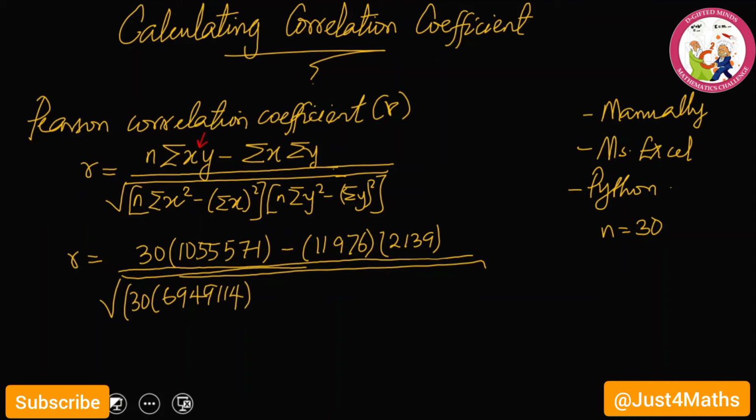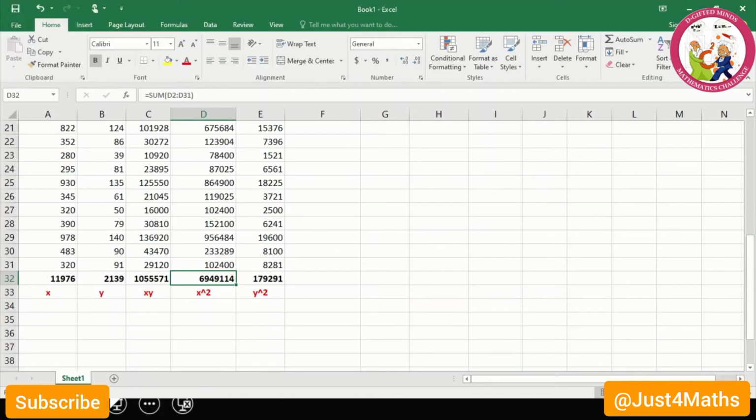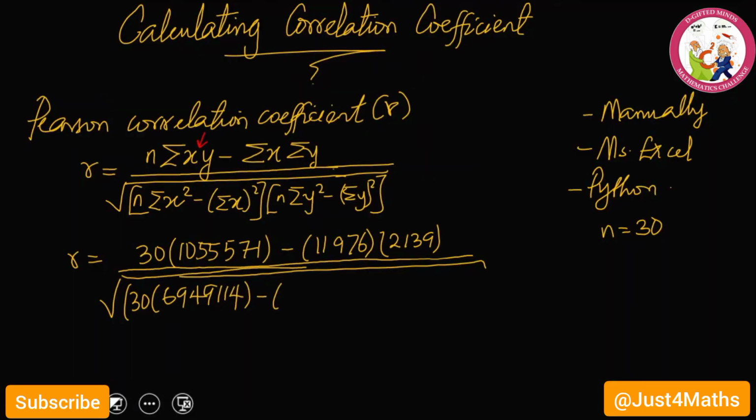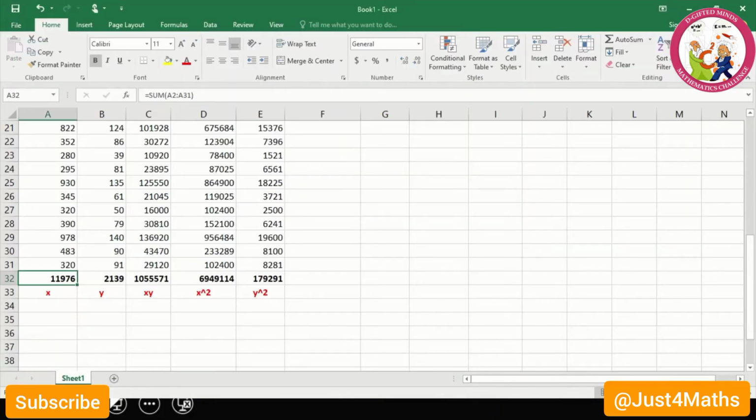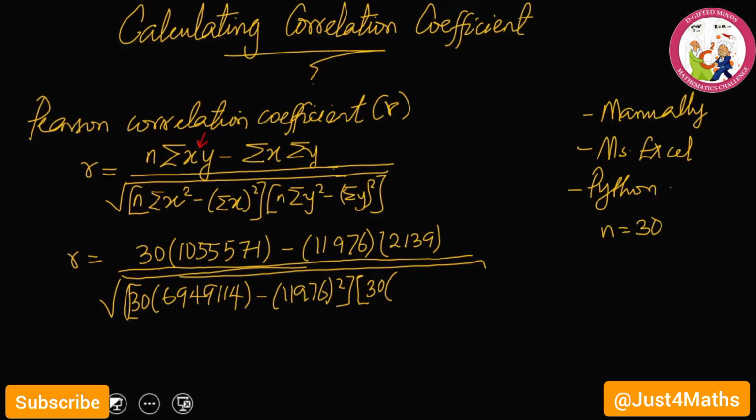So that's the value of summation x squared minus summation x all squared. Summation x is 11,976. You square this value. We have this as a square bracket, then times 30 times summation y squared. This is summation y squared, that is 179,291.